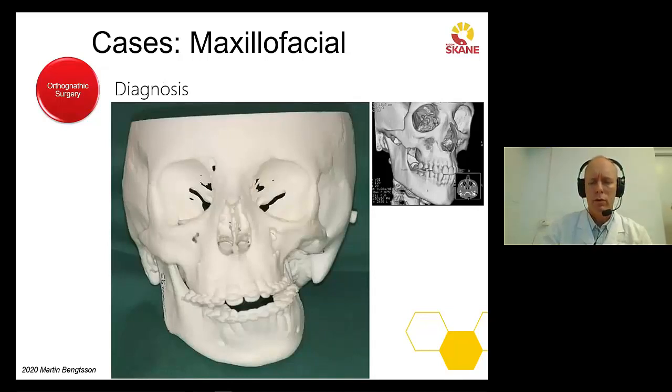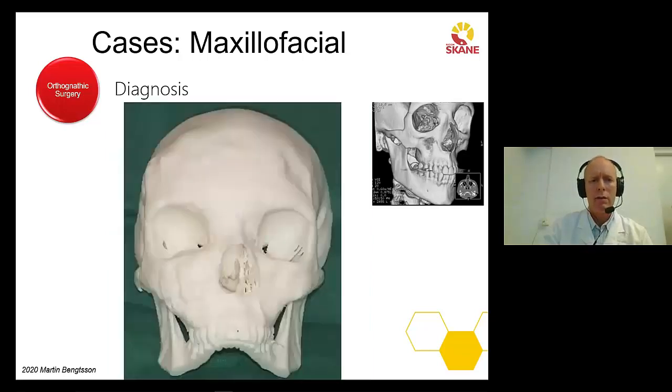This is, of course, a CT scan, so it does not show any soft tissues at all. Another example is here, a patient with a condition called fibrous dysplasia, and this is the patient's right side that is affected. It's good to have physical models to look at and discuss around when we are planning these patients. So it helps us a lot.